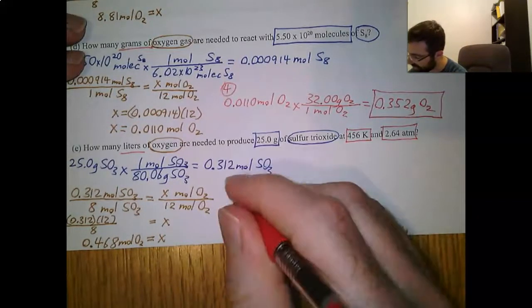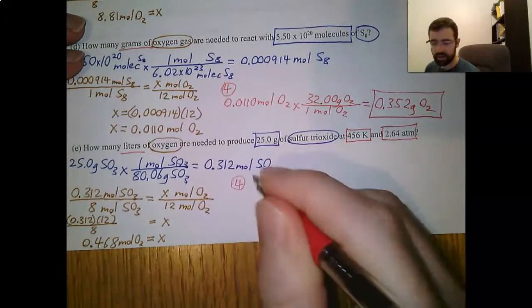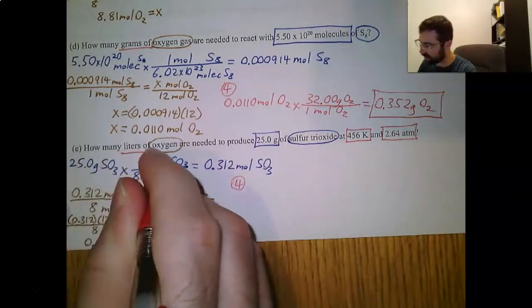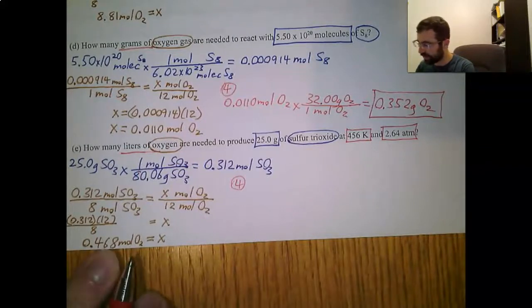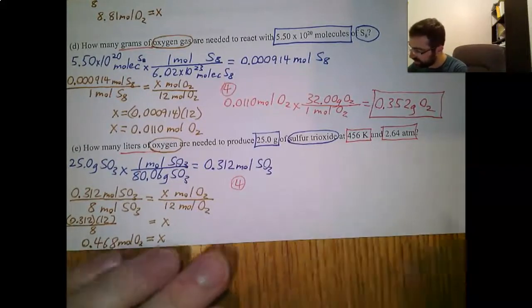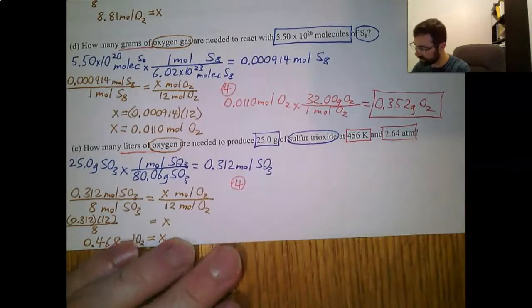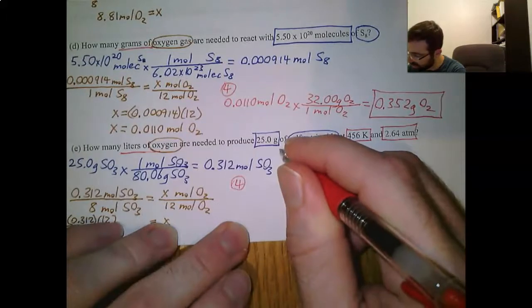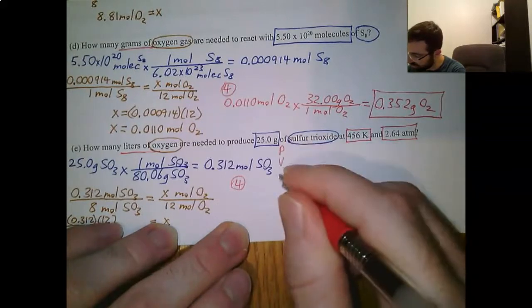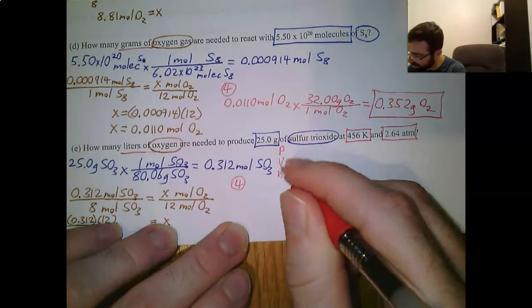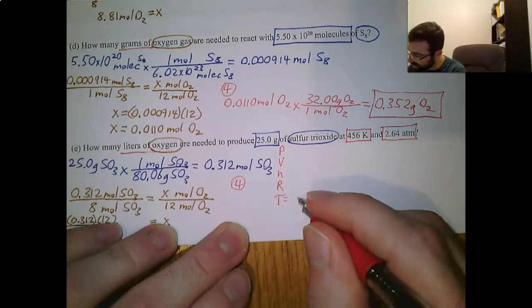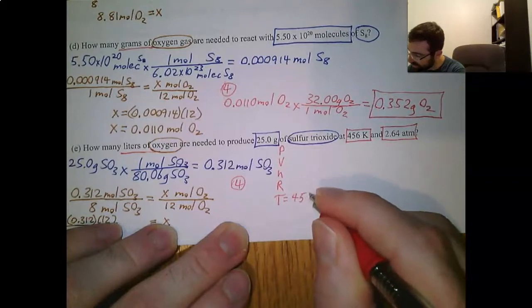All right, that's step 3. Step 4, and the final step, is to find out how many liters of oxygen we have there. So I have moles of oxygen, and now I also have temperature and pressure. So we want to make sure that we figure this out. I'm going to label my variables just to get organized. PV equals nRT. Temperature is 456 Kelvin.